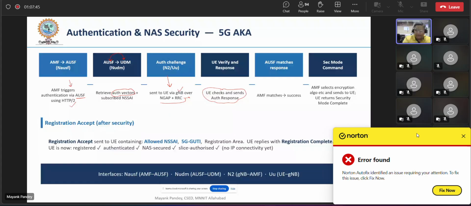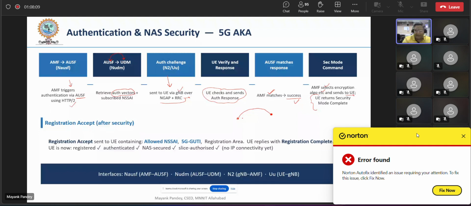AMF matches the response with the challenge. Success is there. Then AMF selects the encryption algorithm, etc., and sends to UE, and then UE returns security mode complete. It means from here to the AMF, our secure channel has been established.